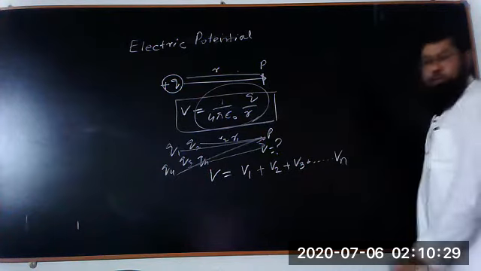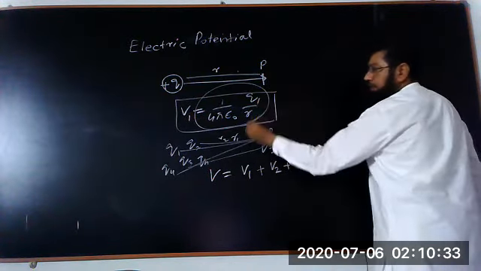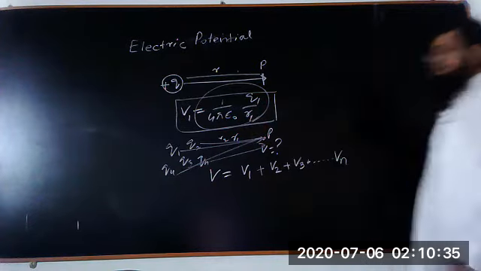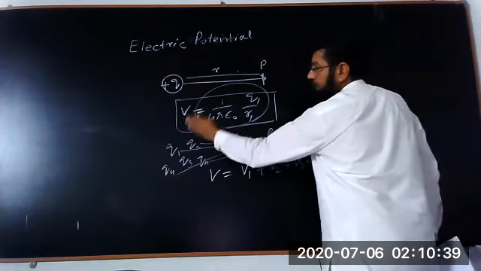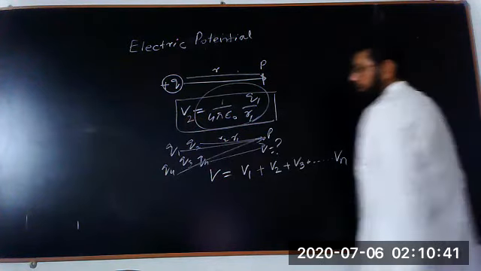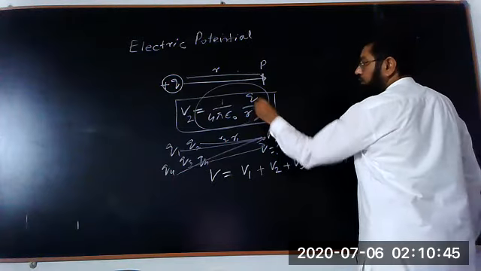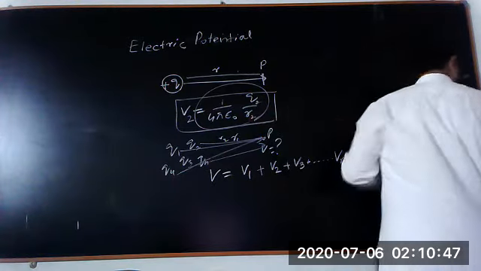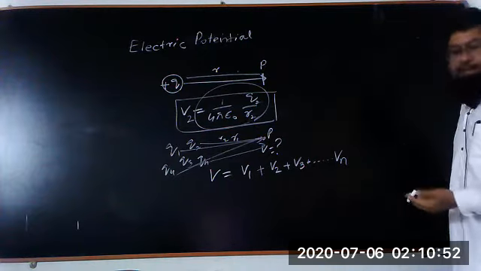Here the potential V1 is due to the charge 1, which is at a distance R1. Instead of 1, we say this is the potential due to the charge 2, this is Q2, at a distance R2. So these are the potentials due to charge 1, charge 2, and so on.